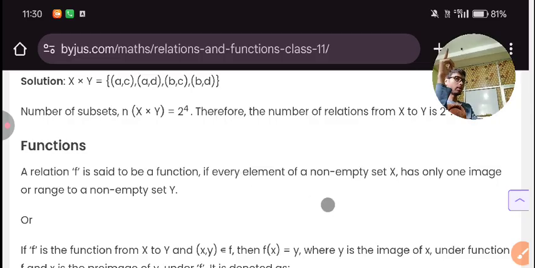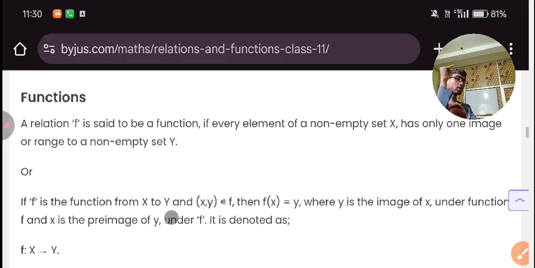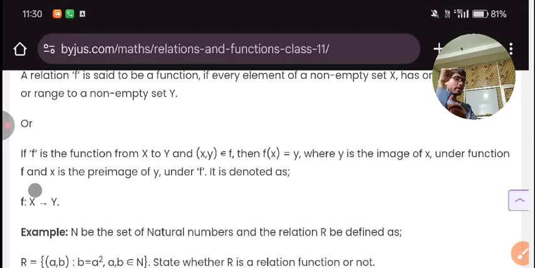If every element of a non-empty set X has only one image or range in a non-empty set Y, or if f is the function from x to y and (x, y) belongs to f, then f(x) would be y.